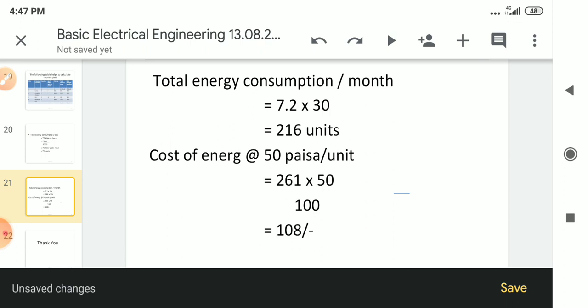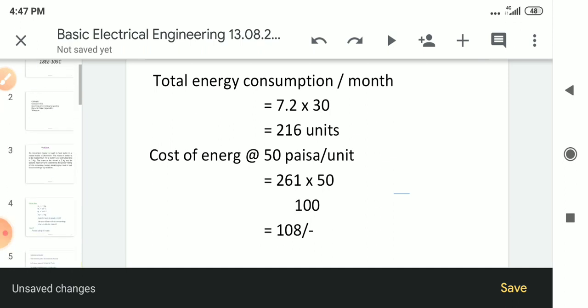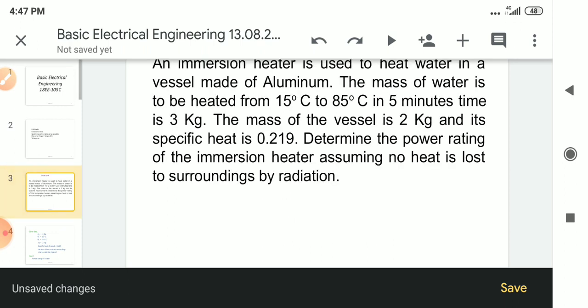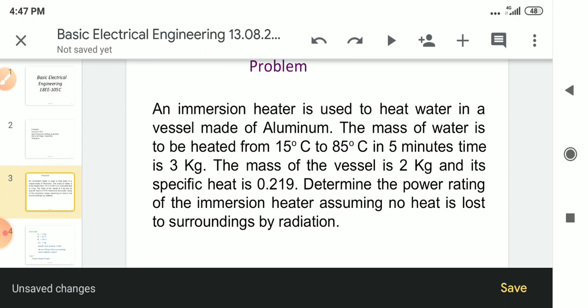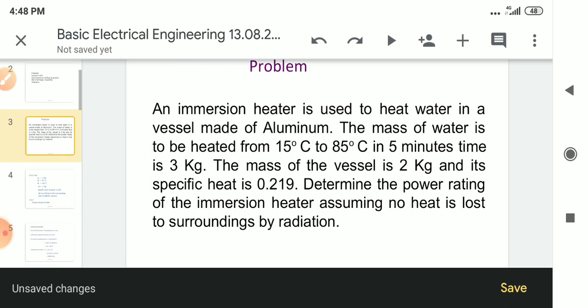So what is the summary of today's class? In this class we learned about problems on thermal efficiency.